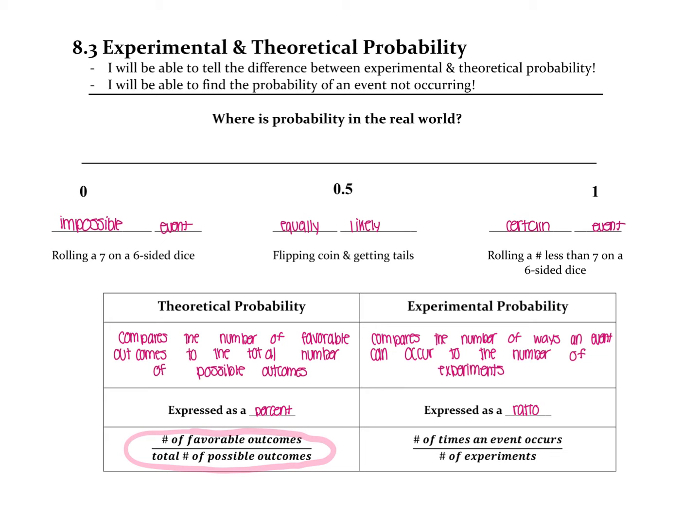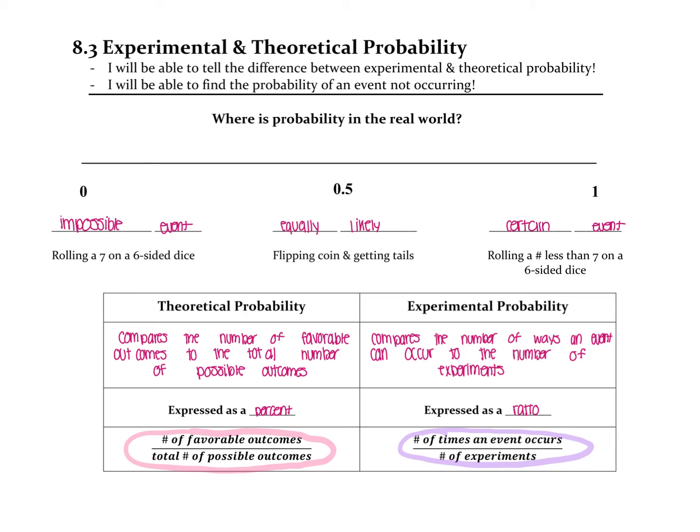Experimental probability compares the number of ways an event can occur to the number of experiments. Typically we calculate it as a ratio: the number of times an event occurs over the total number of experiments.